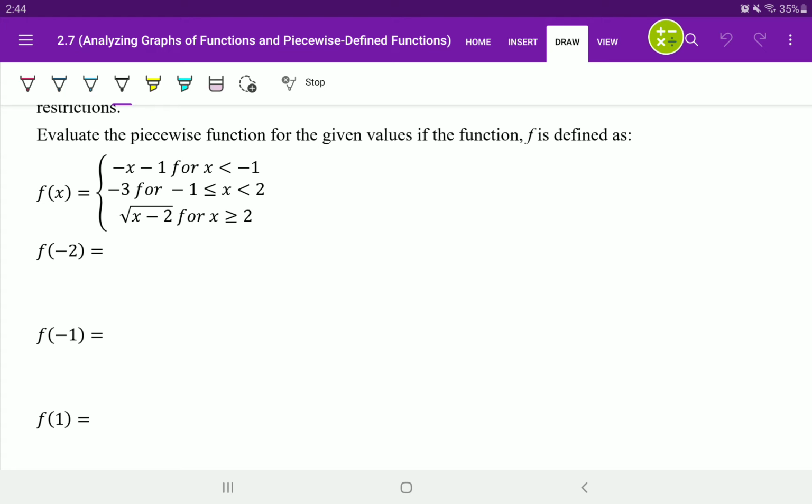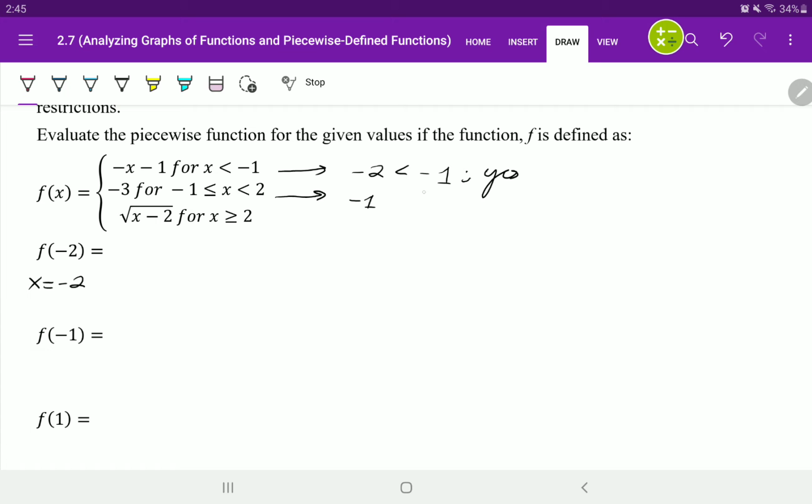Now we want to evaluate f of negative 2. In this case, the x value is negative 2. Take your x value and see which restriction works the best. For example, negative 2, right? Is negative 2 less than negative 1? The answer is yes. Negative 2 is less than negative 1.